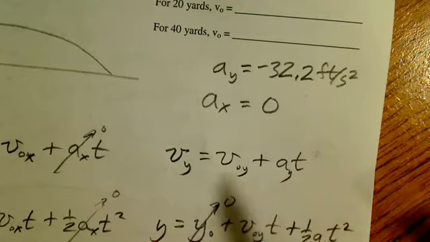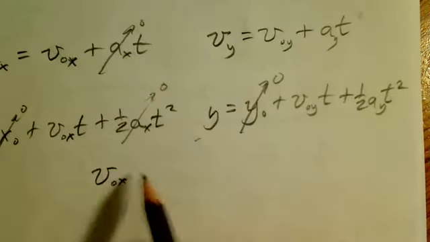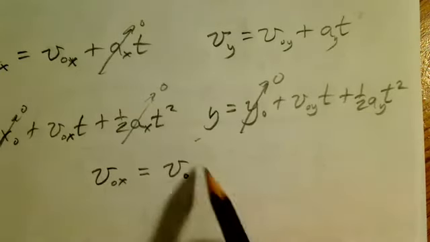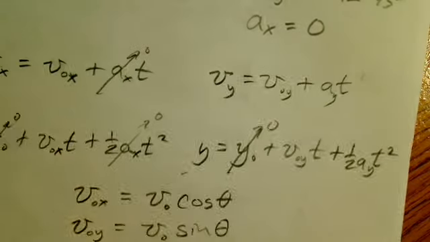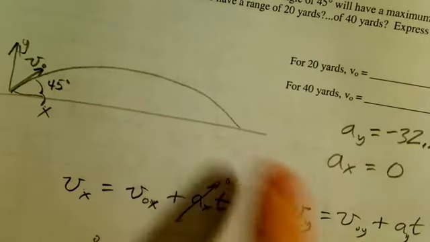So it looks like what we're going to have to do next is say that v naught x is equal to v naught times the cosine of theta, which we know to be 45, and v naught y is equal to v naught times the sine of theta. Now we don't really get anything out of that one. It just says that the velocity in the x direction, that component, is constant throughout the flight.